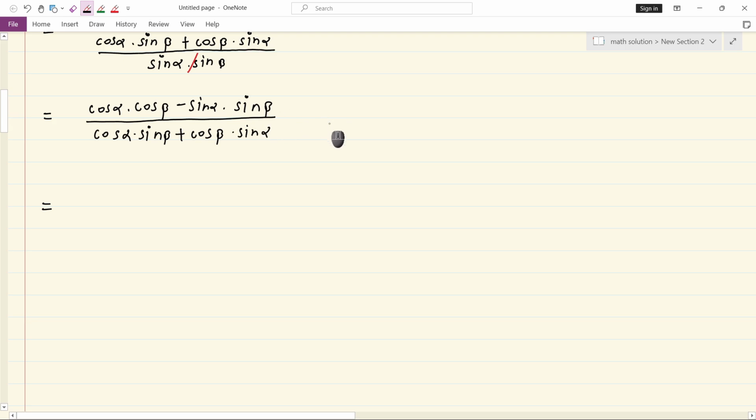I will change the color to show you. I am multiplying and dividing with the same term, so just take the numerator and change the sign: cos alpha cos beta plus sin alpha sin beta. I have just changed the sign between the terms.